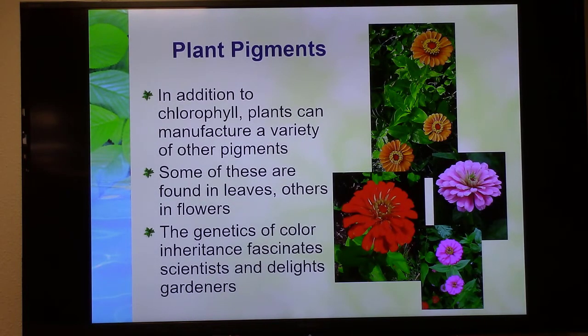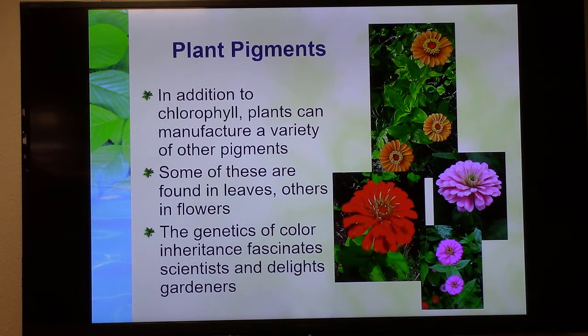Plant pigments. We've already talked about the most important pigment, and that is chlorophyll. But there are a lot of other plant pigments, because you think about flowers and autumn leaves. There are a lot of other colors that plants have. And some of these colors do help in photosynthesis. But most of them don't.